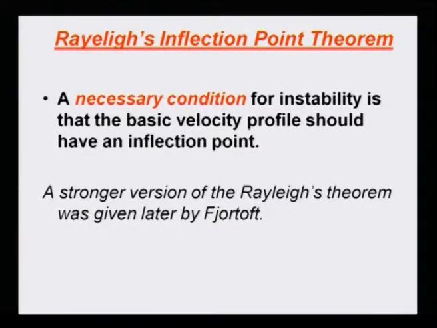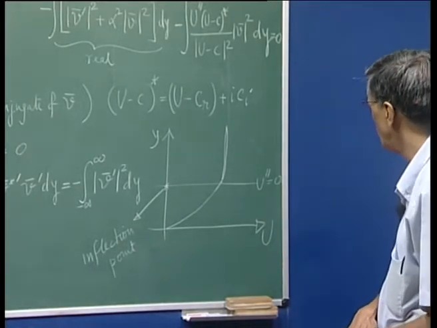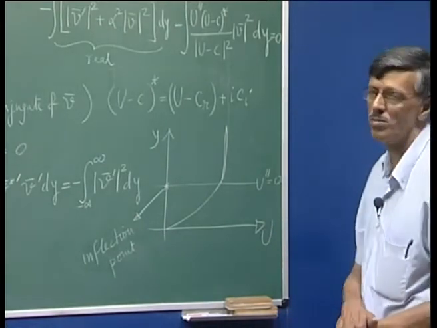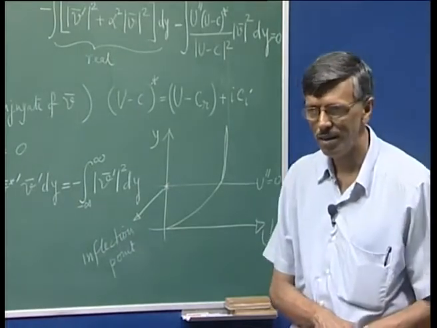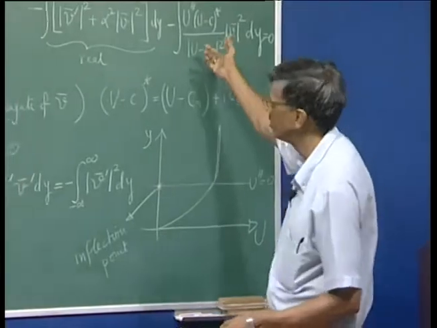However, sometime later, Fjortoft came into the picture and he said, look, in enunciating that inflection point theorem, what we have done is we just simply looked at the imaginary part of that reduced equation.